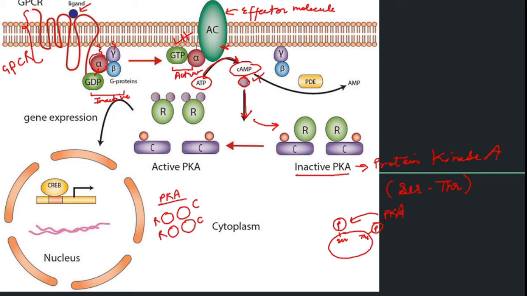The cyclic AMP gets bound to the regulatory subunit. On binding of cyclic AMP to the regulatory subunit, the catalytic subunits get activated.